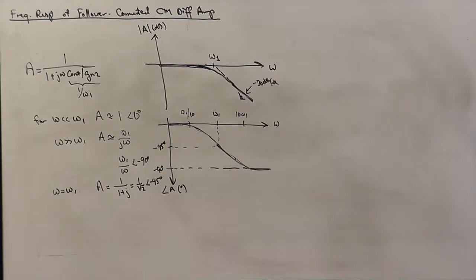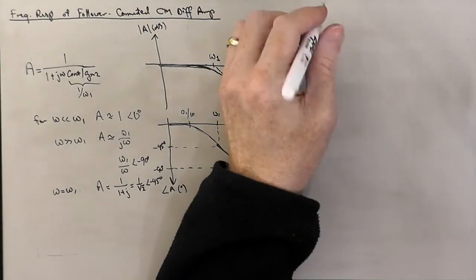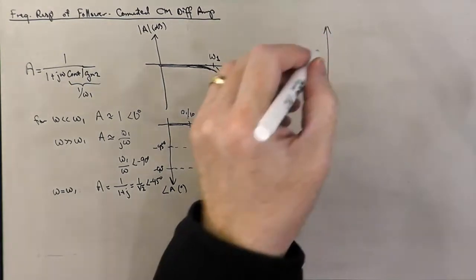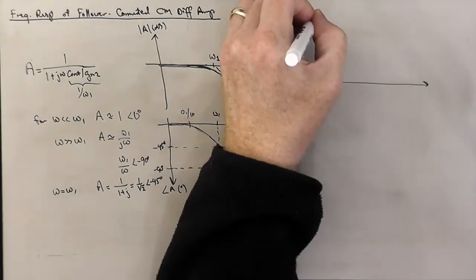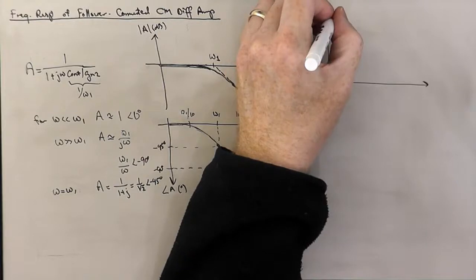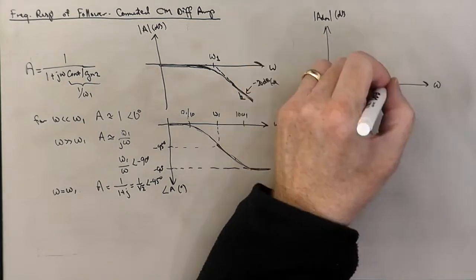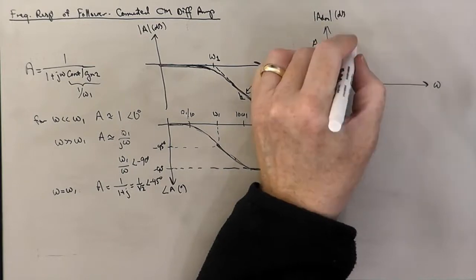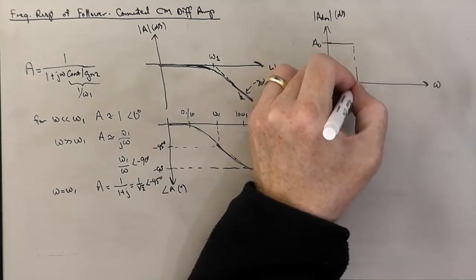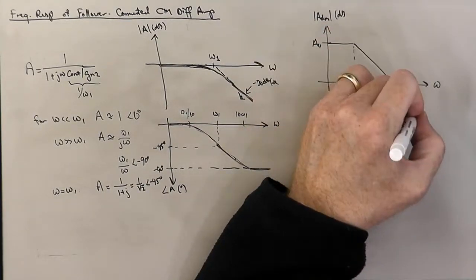Okay, one more thing I want to bring out before I call this one done. If we sketch up our open loop gain here, again, this was ADM in dBs versus omega. We had this A0, and then at this frequency 1 over tau, we started falling off on the same slope of minus 20 dB per decade.